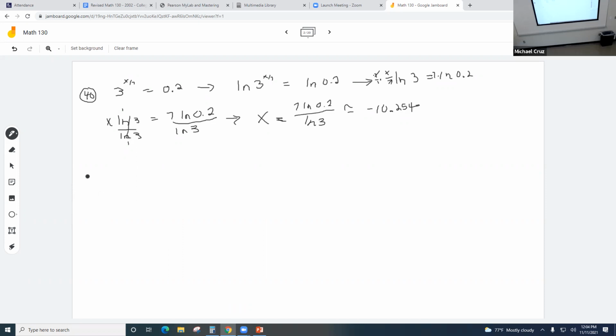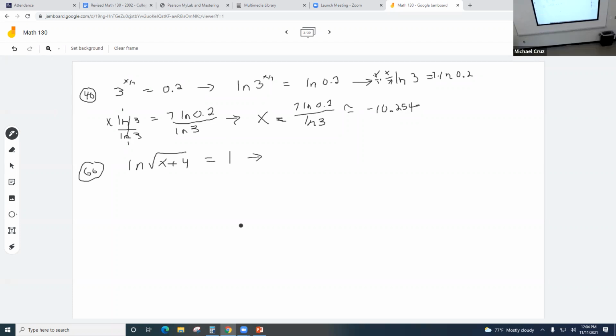All right, now we got a logarithm equation, and we're going to use some of the properties to help us get that x out of there. Now remember, the e and the ln are the same, and so we can go backwards.